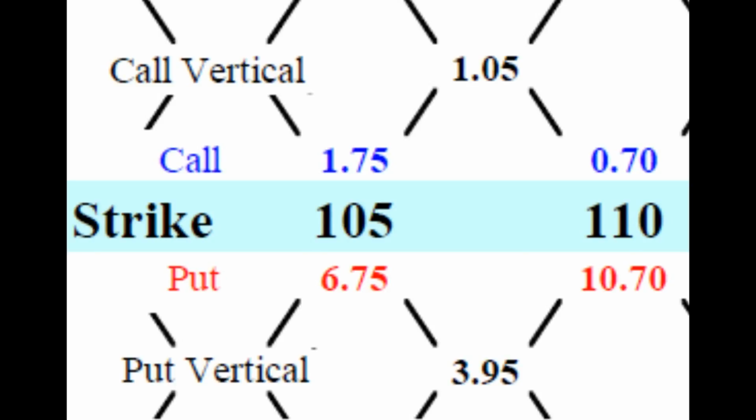You've got a 395 credit. I have a 395 debit. Stock's trading at 100. Both the options are in the money currently. You own the 105 put that's 675, and you're short the 110 put at 1070. The difference is 395 that currently is sitting in your account, and it's a cash balance.